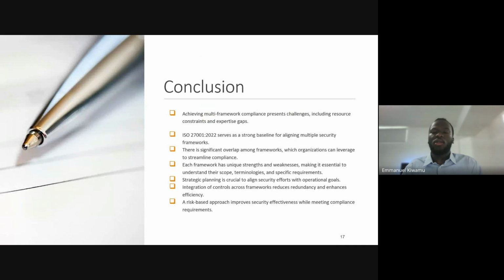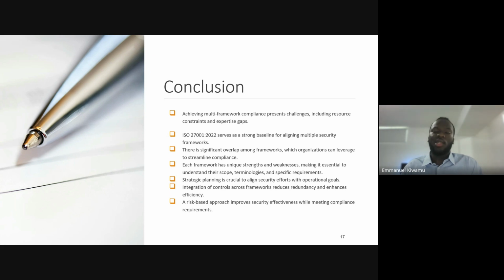So in conclusion, this project focused on identifying areas that map and overlap across the 4 standards that we mentioned, using ISO 27001 as our baseline because of its use as a foundational framework for information security management systems.